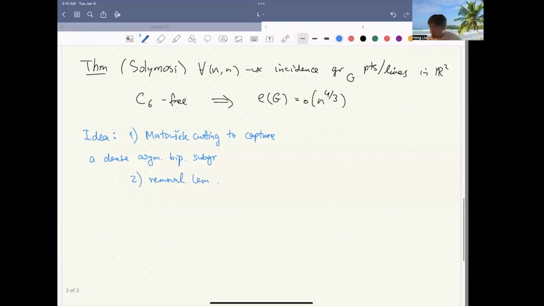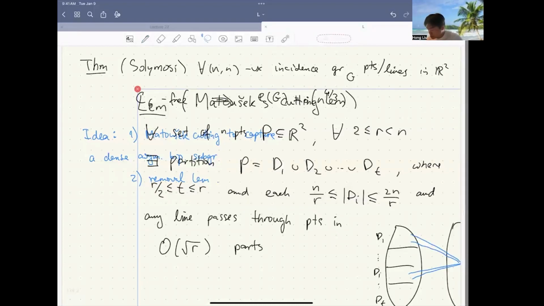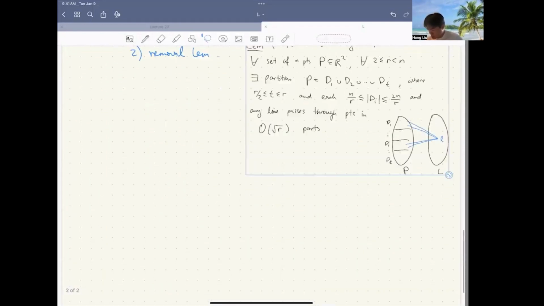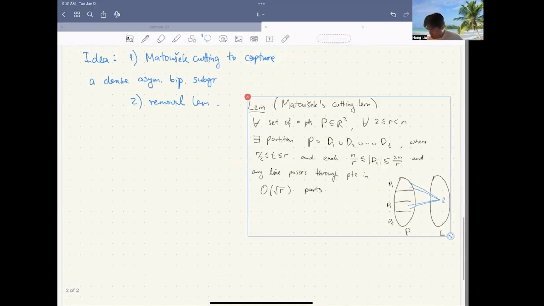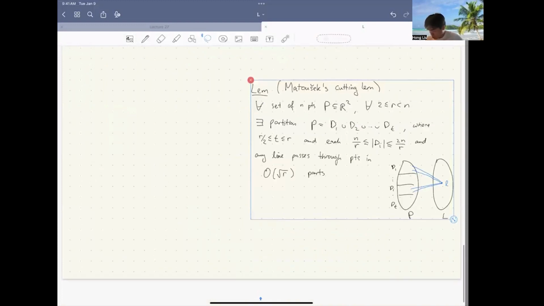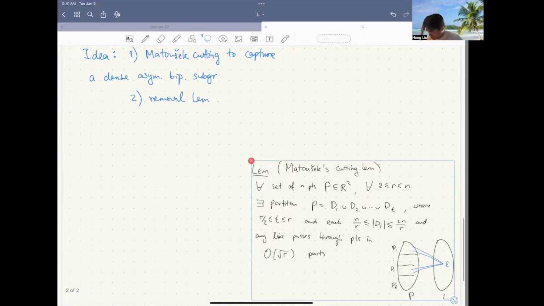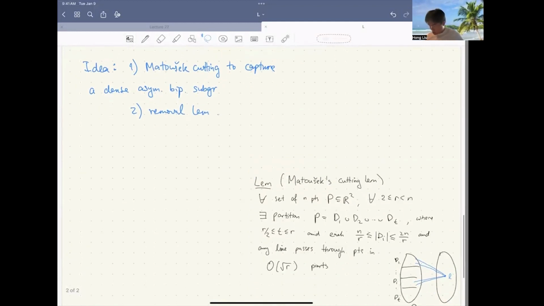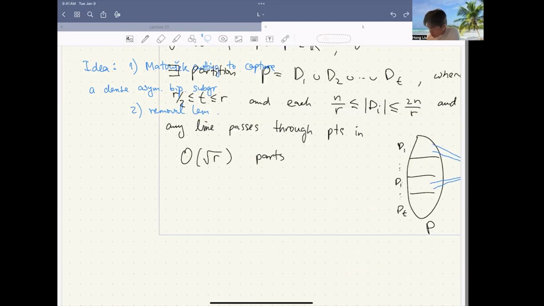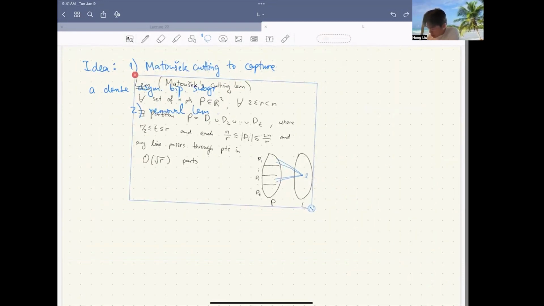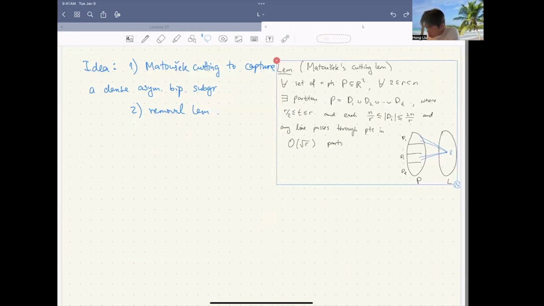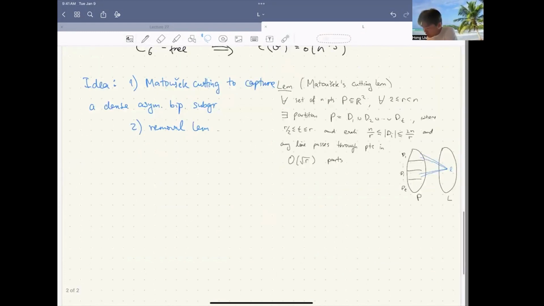All right. So let's recall the details. I put Matoušek's lemma here. So this is Matoušek's lemma.